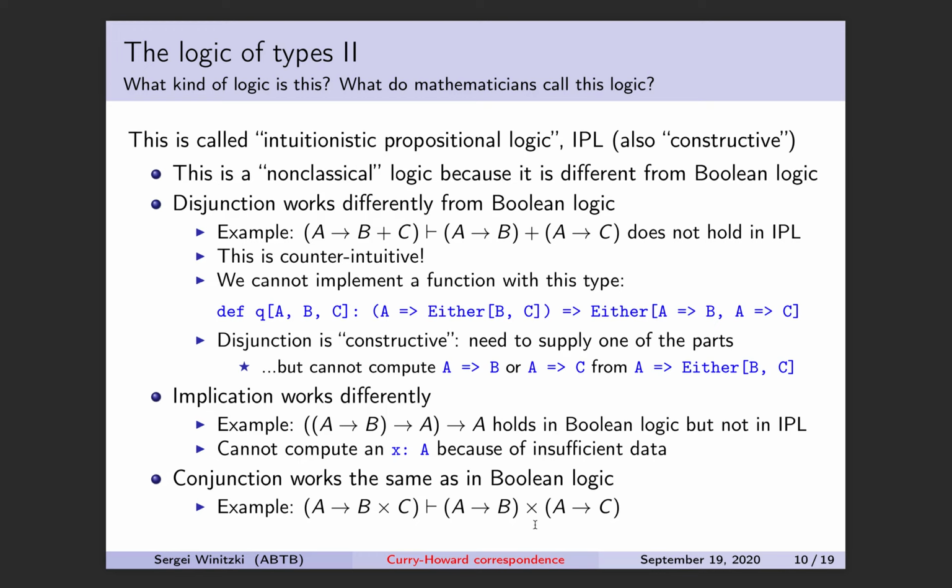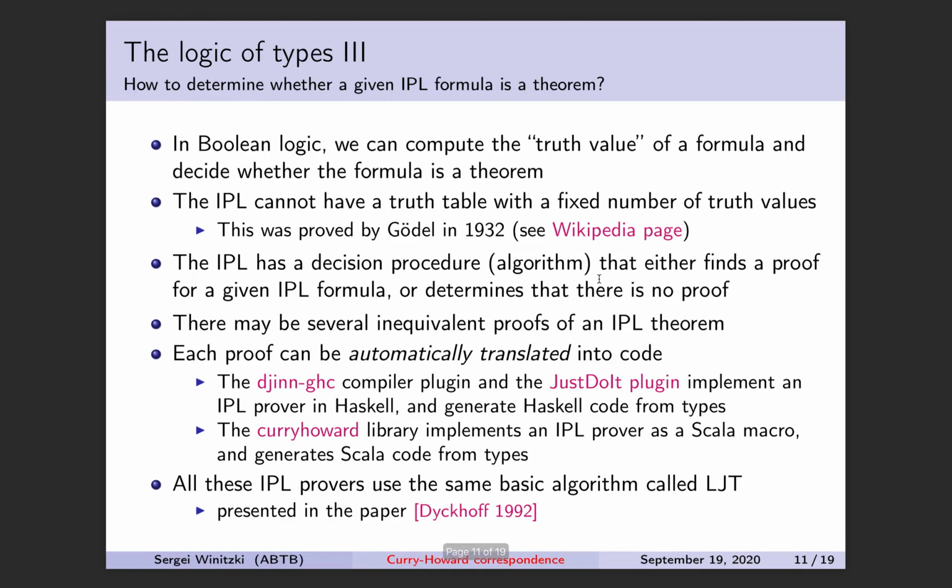Conjunction works more or less the same as in Boolean logic. For example, there's this theorem. If from A follows B and C, then from A follows B and from A follows C. So what is really different about this constructive logic is that in Boolean logic, you can compute a truth value of a formula, which is given by truth tables.